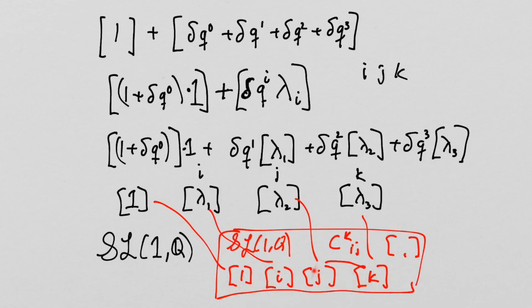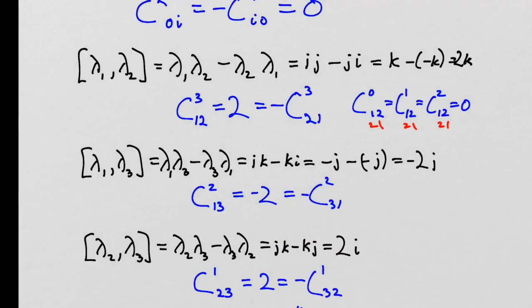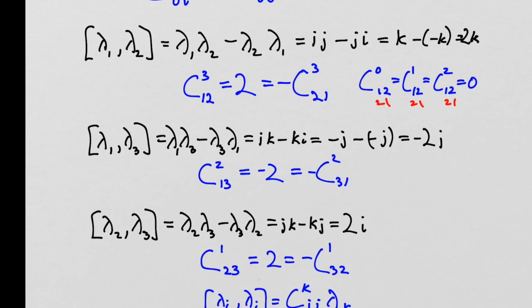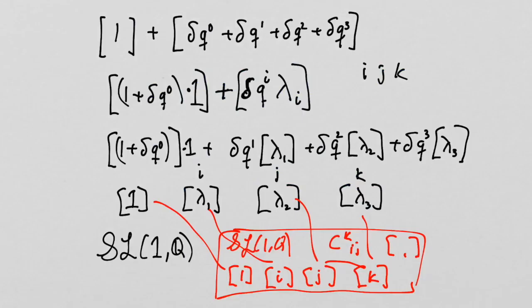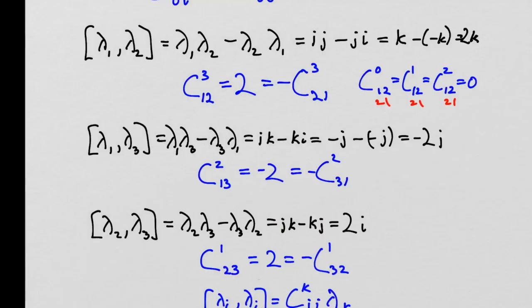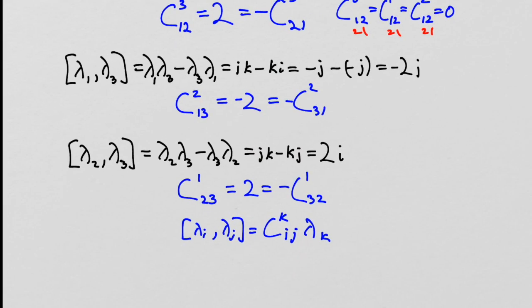I can multiply any of these basis vectors by a scalar inside the algebra, which in this case is a quaternion, and I can change the basis arbitrarily. So I'm going to do that. The arbitrary change I'm going to make is the basis vectors will be, let's see, how do I want to write it down? I want to go to this basis.